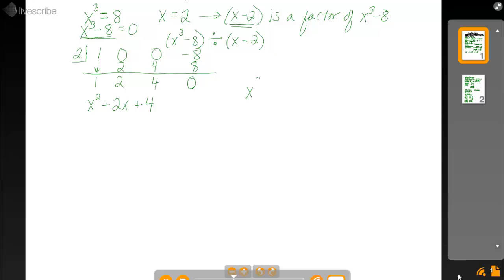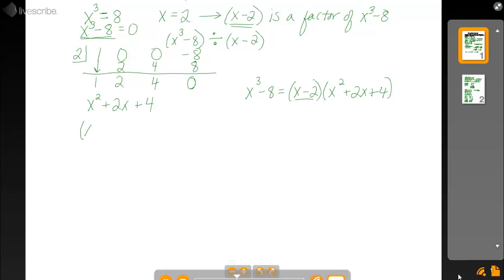What that means is x cubed minus 8 is equal to the product of those two things, x minus 2 times x squared plus 2x plus 4. And if you distribute this all out and multiply, you'll realize that this is, in fact, an identity. That is true.